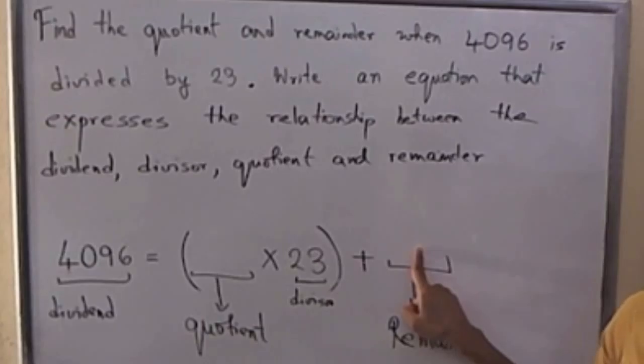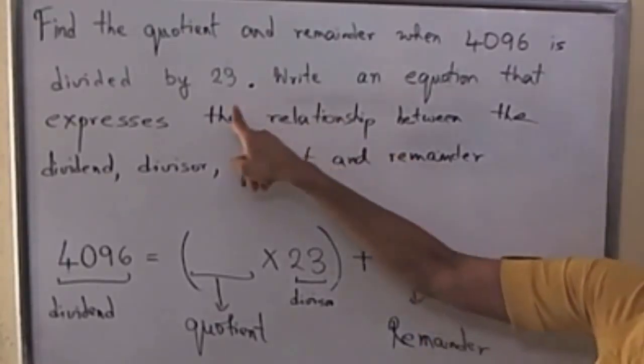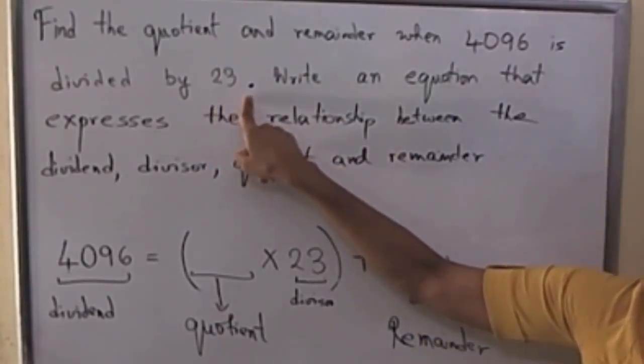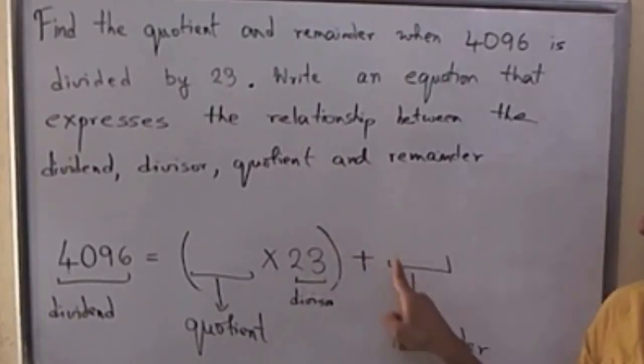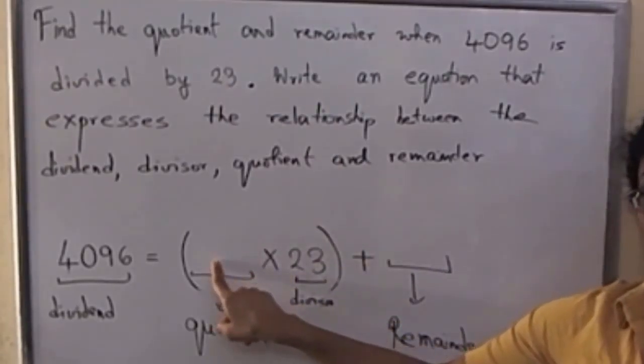Remember, the remainder can be any whole number between 0 up to 23, but not including 23, because if it were 23 or greater, that means you could have one more multiple in here.